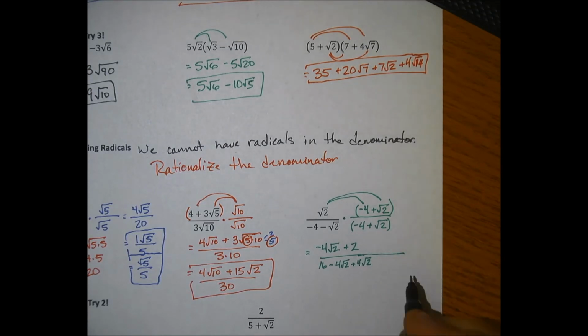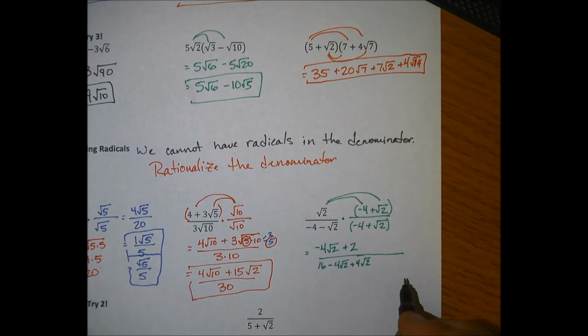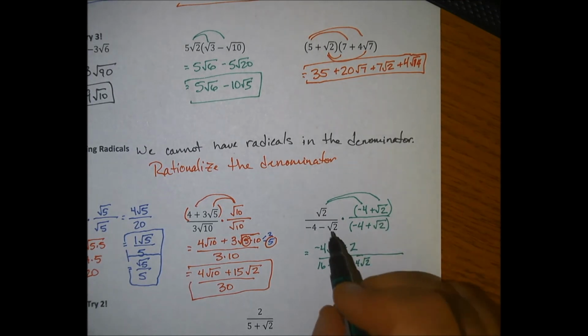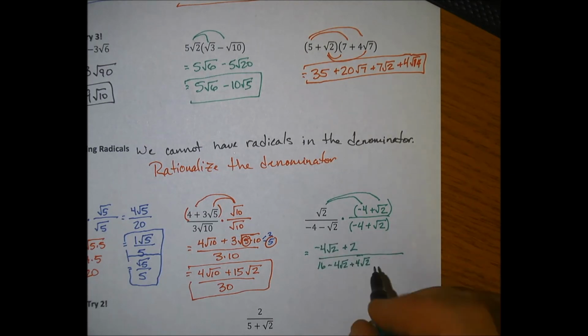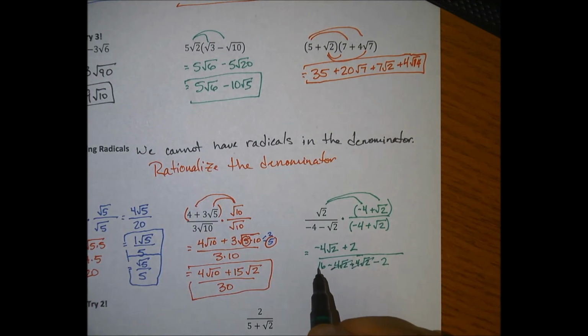I'll continue my fraction bar a little bit because the bottom gets a little ugly, but it will simplify down if we've done it right. And then negative square root of 2 times positive square root of 2 will just be a negative 2. Now, like what happened in the upper problem up there, the middle terms cancel each other out, and I'm really just left with 16 minus 2, which is 14.